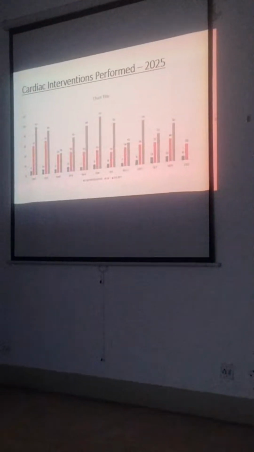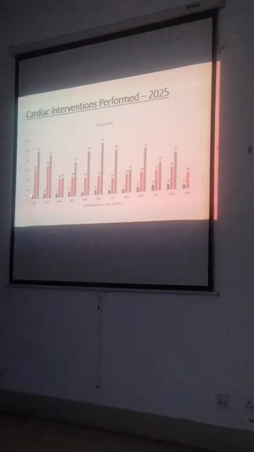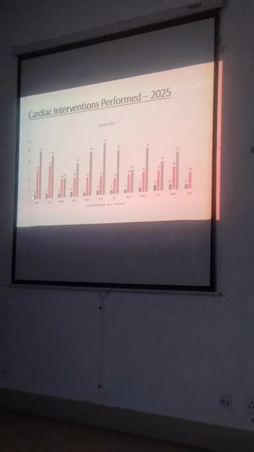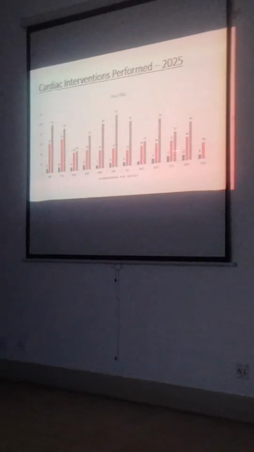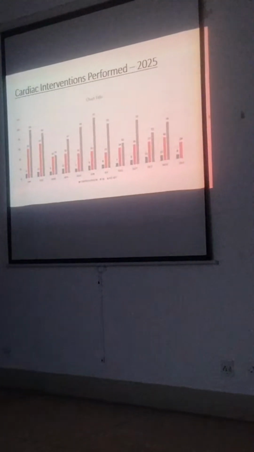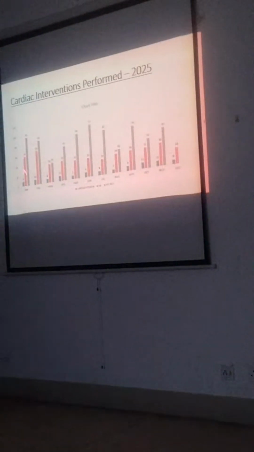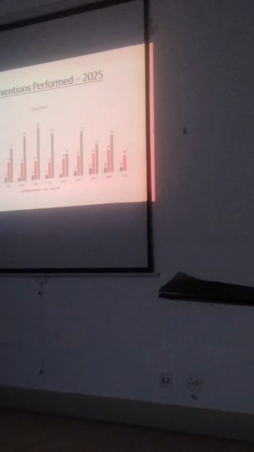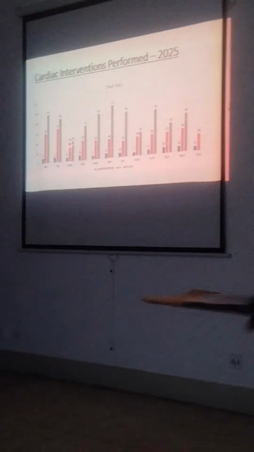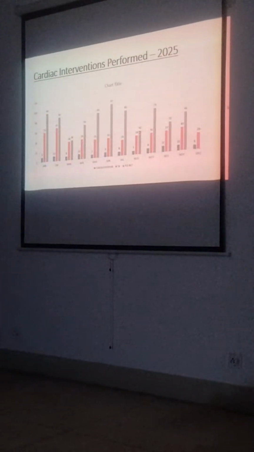Among these patients, every month, on average, we see around 9 to 10 cardiogenic shock patients. Streptokinase was given to 58 patients in January, 65 in February, and on average around 37 to 38 over the whole year.